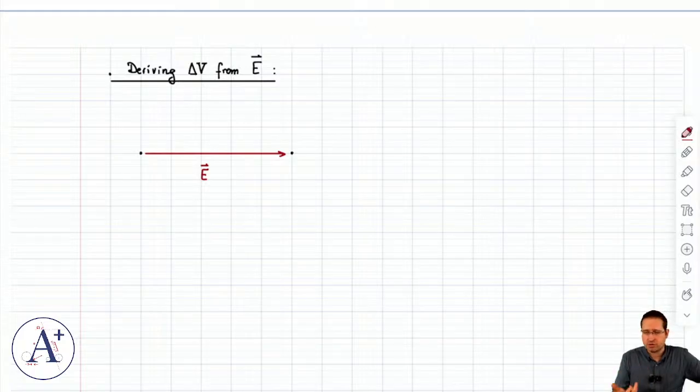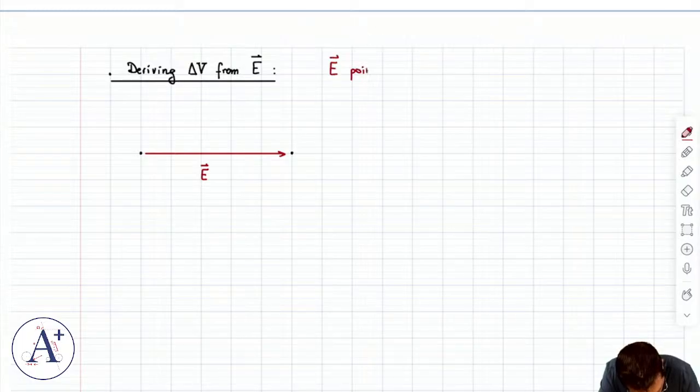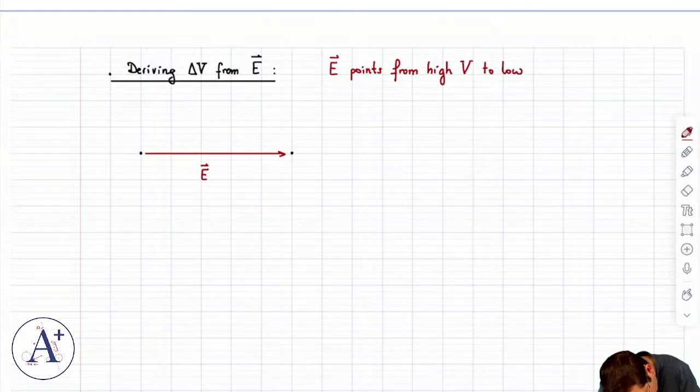A property of electric fields is actually to point from high potential to low potential. So a better way of describing an electric field in terms of direction is to say that E points from high potential V to low potential V.